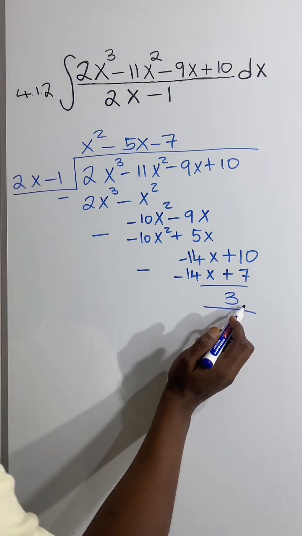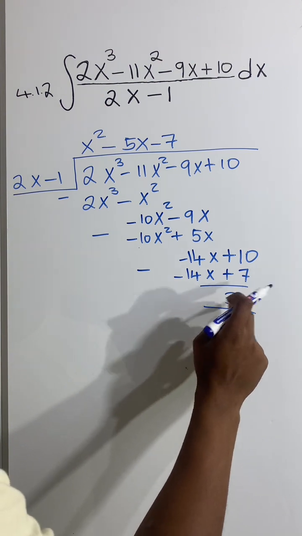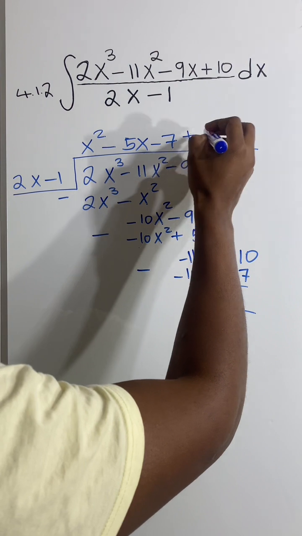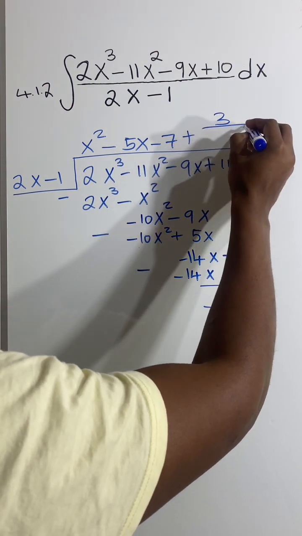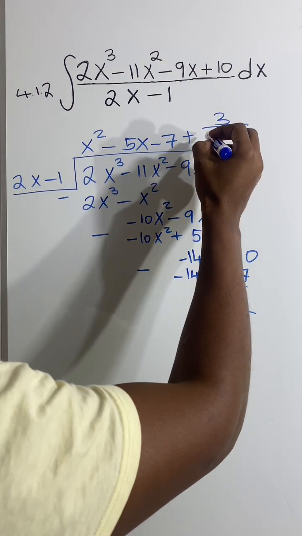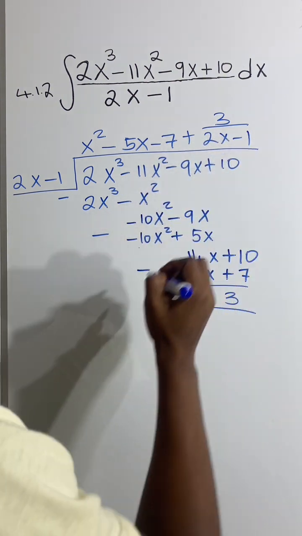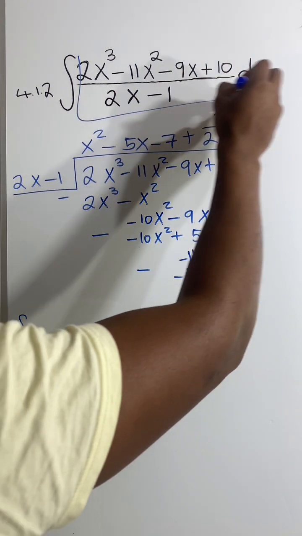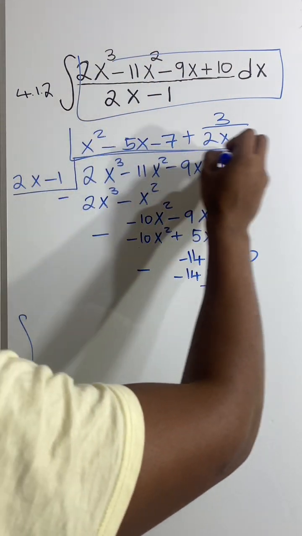And this 3 is not paired with any x because it doesn't have an x. We take it up, it's a positive 3, so positive 3 over that, which is 2x minus 1. So instead of integrating that, we integrate that.